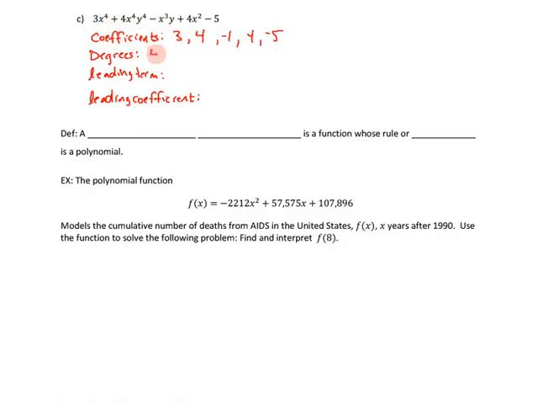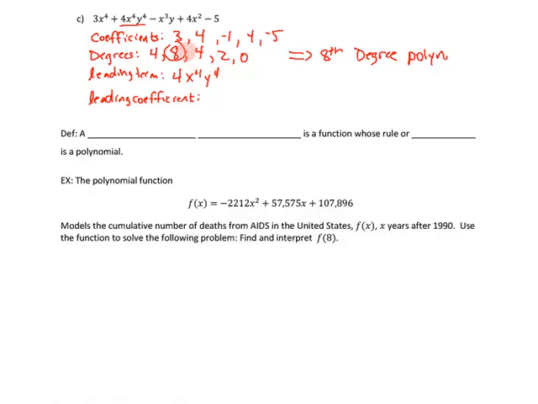So 4, and then 4 plus 4 is 8. 3 plus 1 is 4. There's just a 2 here and 0. So it's an 8th degree polynomial, which means this is the leading term: 4x to the 4th, y to the 4th.